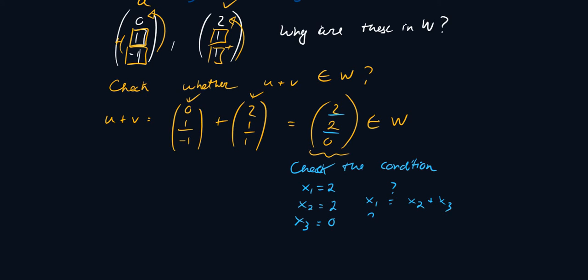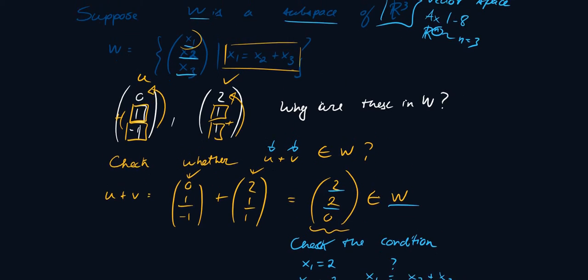Well, it sure is. 2 is equal to 2 plus 0, which is just 2. So we've verified that the sum of two particular vectors in W, that vector addition, also belongs to W. I'll show how to do the proof later on, but this is just to get used to the idea behind these subspaces.